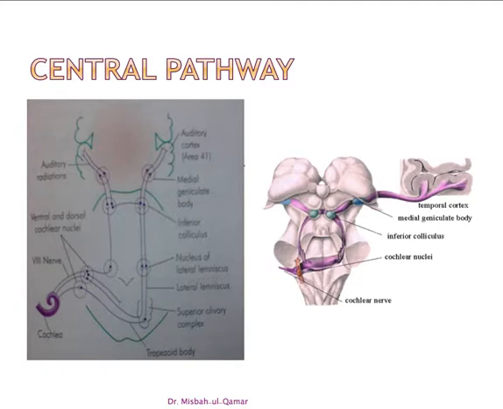And finally, there is another group which reach the reticular formation. It crosses the midline and it joins the nucleus of opposite lateral lemniscus. Here you can see the nuclei of lateral lemnisci. This is the ipsilateral nucleus and this is the contralateral nucleus.